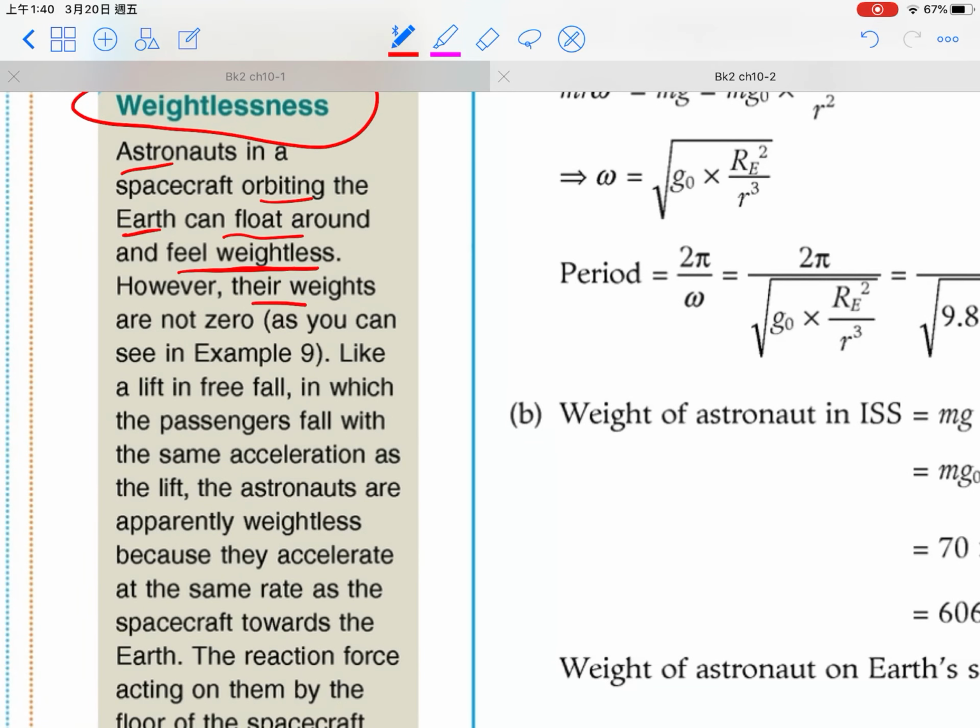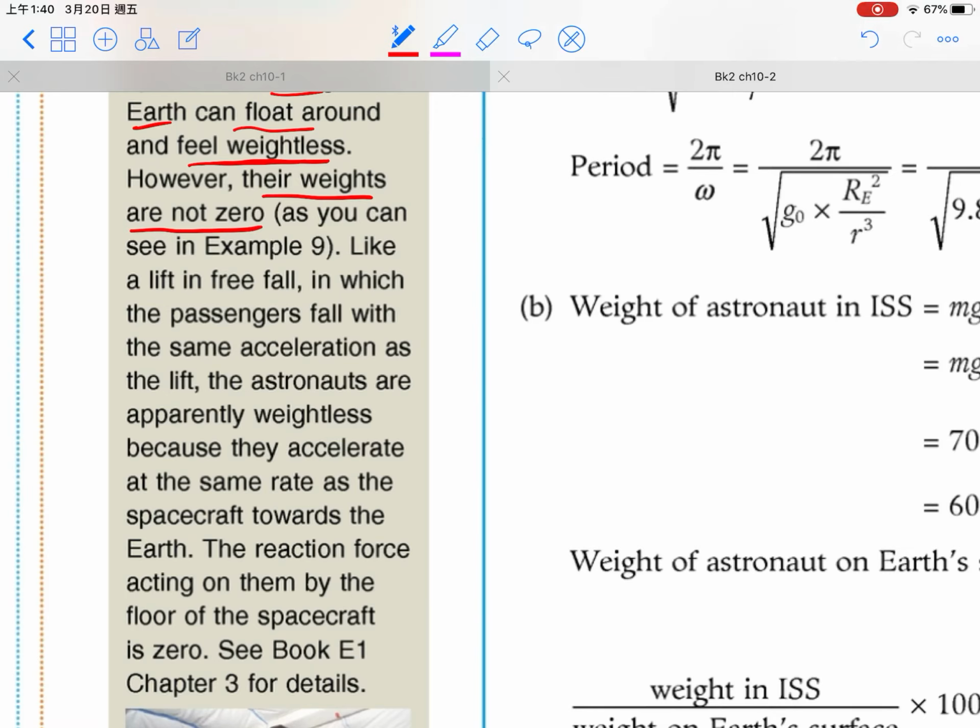Do you know why? Because their weights are not zero actually, but think of the story of a lift in free fall. The passenger falls with the same acceleration as the lift. So everything falls down with acceleration g.